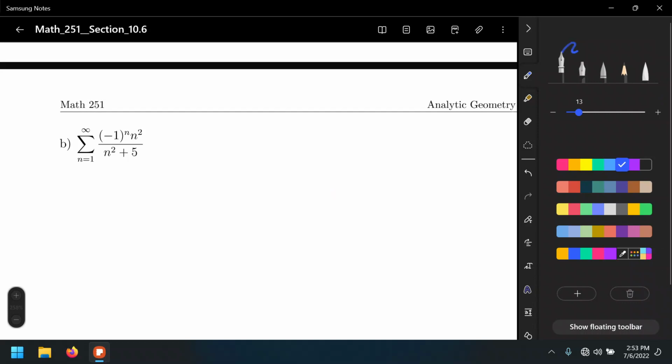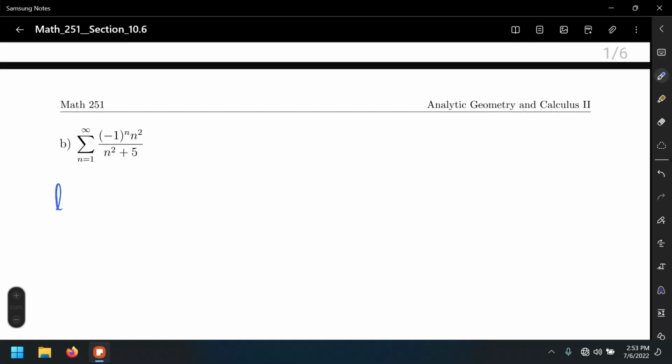Condition number one: the limit as n approaches infinity of n squared over n squared plus 5. And what is this limit actually? 1. Well, in this case, this is not a 0.